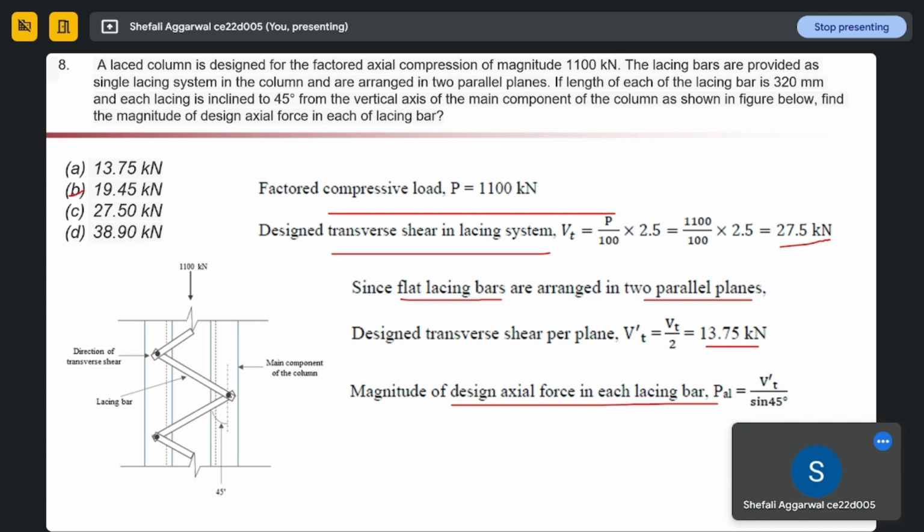If this is our force, and we have to calculate our axial force, this is sine or cos 45.